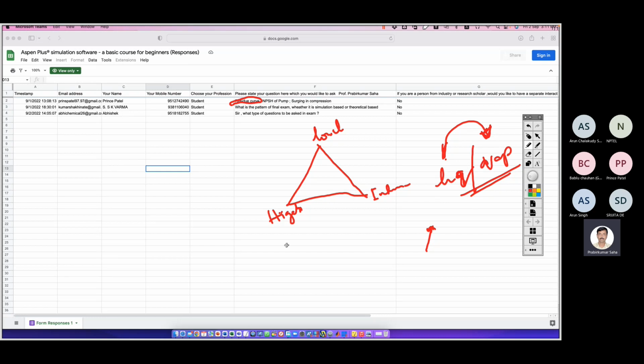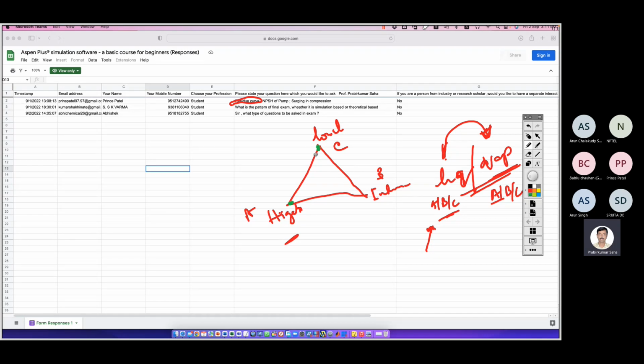So the composition of all 3, say A, B, and C, the composition of A, B, C in liquid and composition of A, B, C in vapor phase will change, right? Suppose in the very beginning, in the liquid phase you have a high amount of all of them.